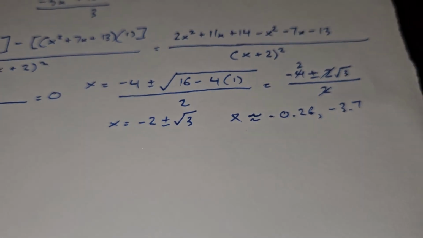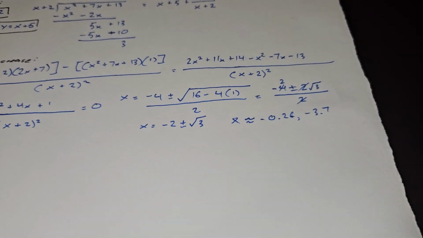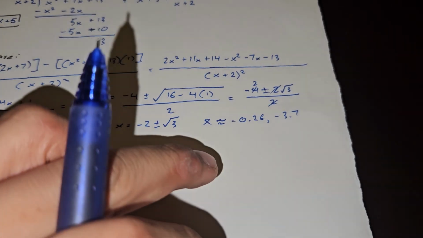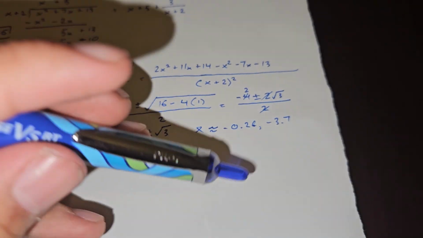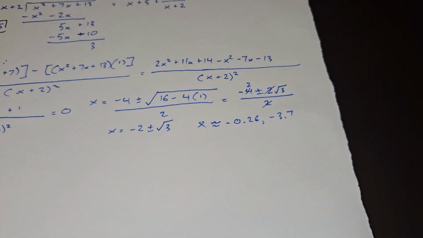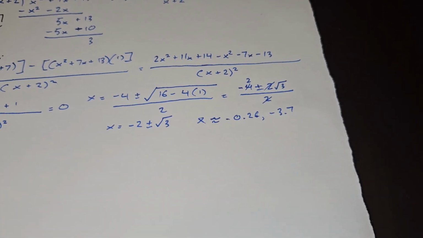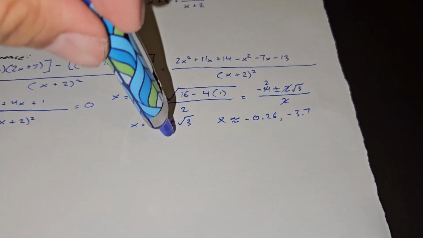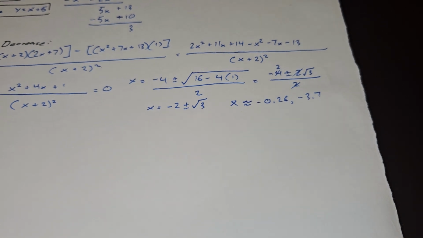This is a rough approximation, it doesn't have to be perfect. So negative 0.26 and another x value of negative 3.7. That's what you get when you plug negative 2 plus or minus the square root of 3 into your calculator.